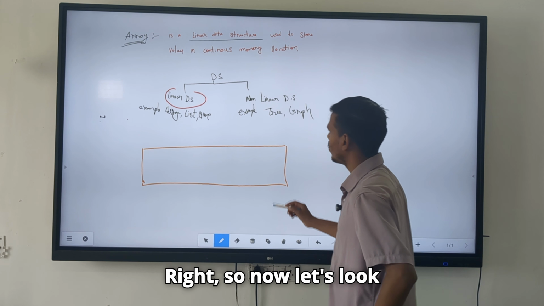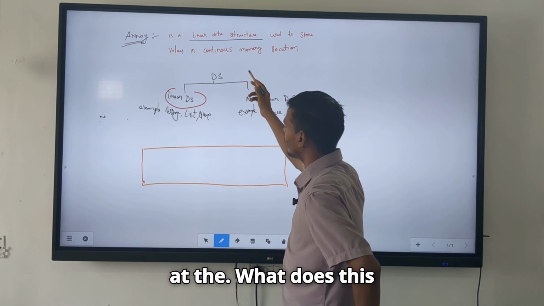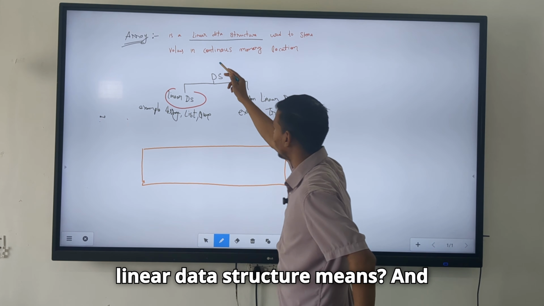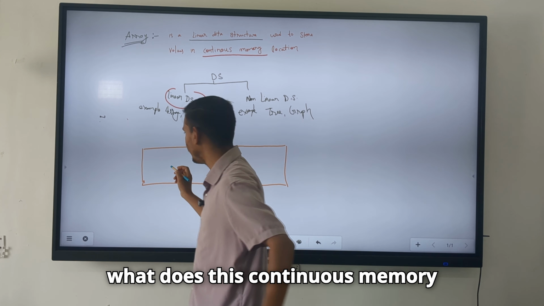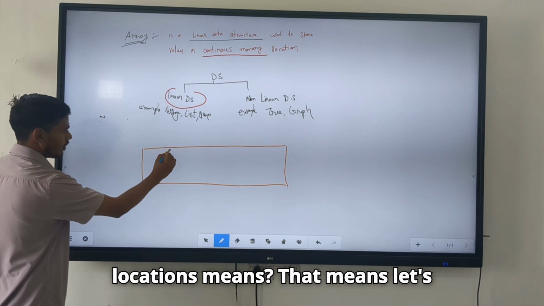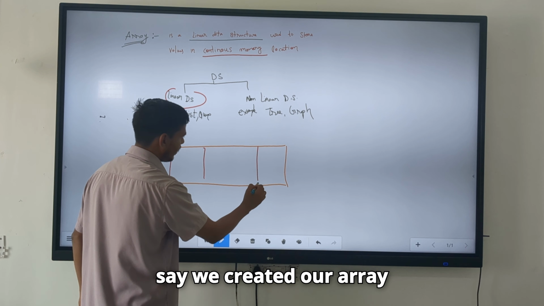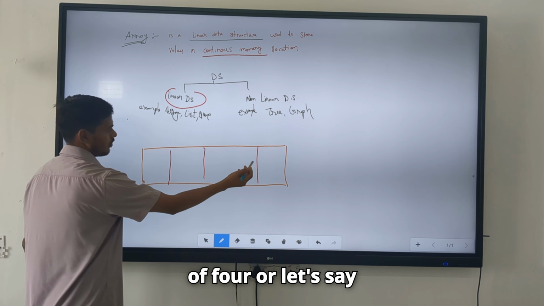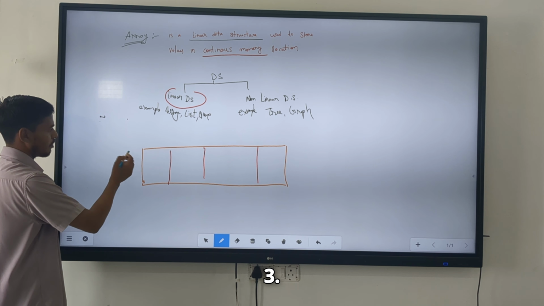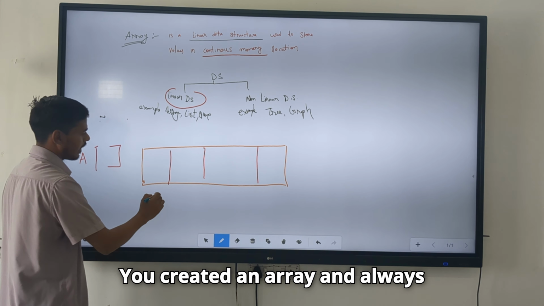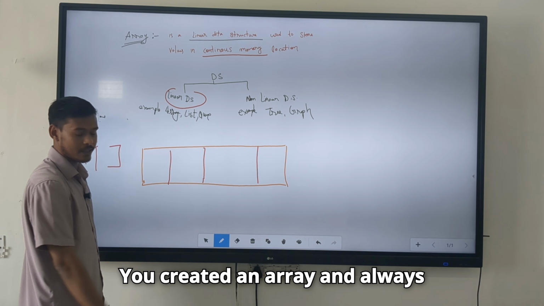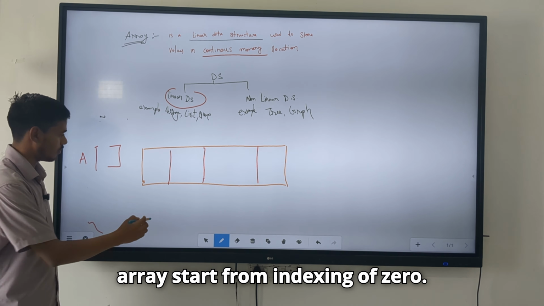Now let's look at what this linear data structure means and what this continuous memory location means. Let's say we created an array of 4, or let's say 3. You created an array and an array always starts with indexing of 0.